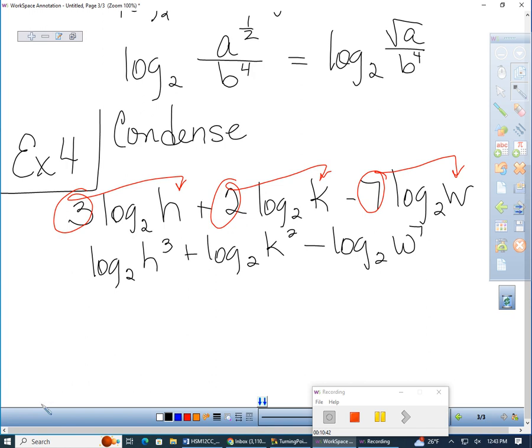Now we can condense it all into one. We have log base 2. In the first two, we are adding, which really means we multiply: h to the 3, k to the 2, w to the 7. Where does w to the 7 go? On the bottom, correct. Because we are subtracting, we're dividing.